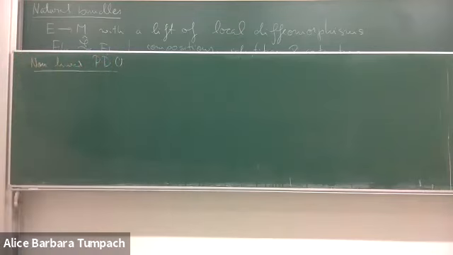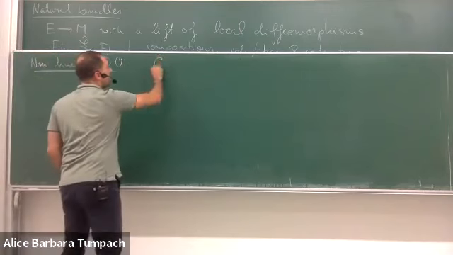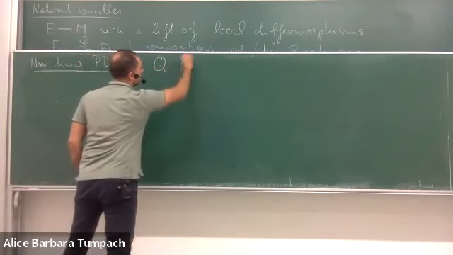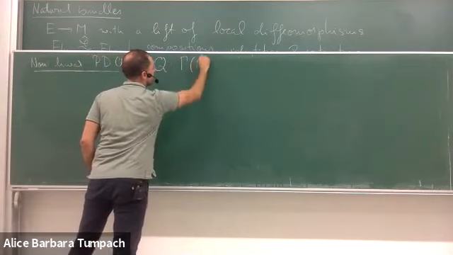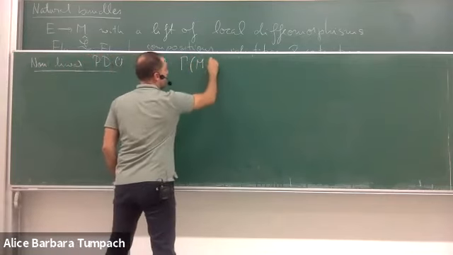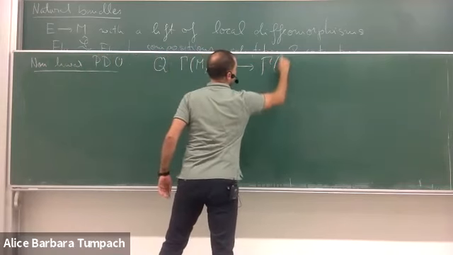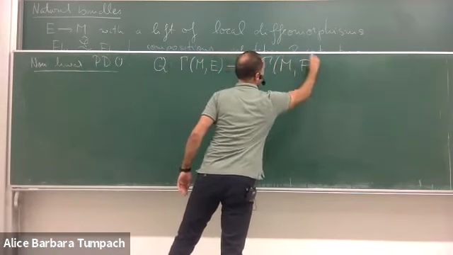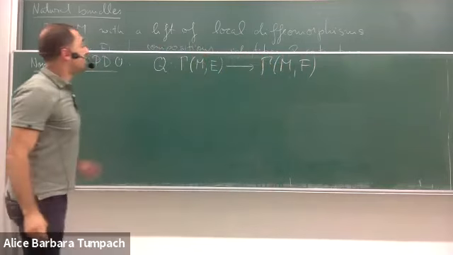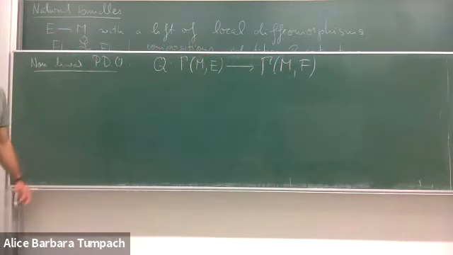Such a thing is a map Q which goes from sections of one vector bundle E to sections of the second vector bundle F, and it factors through the jet bundle.